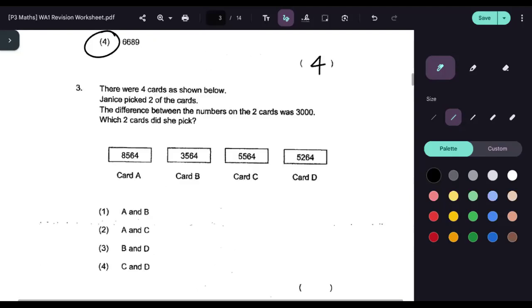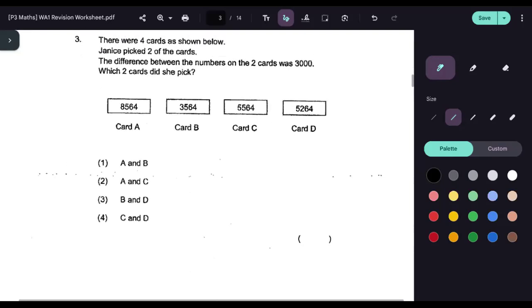There were 4 cards as shown below. Janice picked 2 of the cards. The difference between the numbers on the 2 cards was 3000. Which 2 cards did she pick?